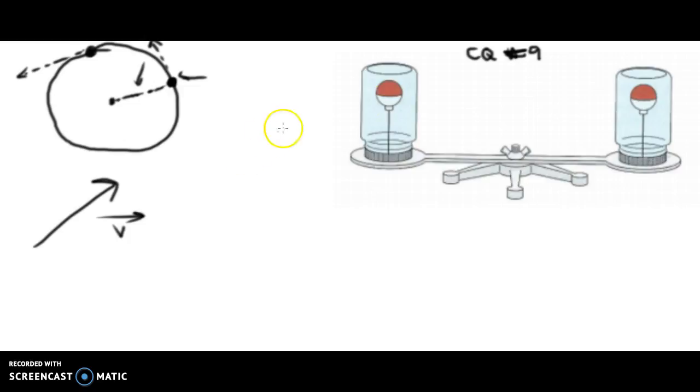Now, moving on to the conceptual question number 9 in the textbook, which is the question that we will be addressing in this video. Well, it tells us that there's this apparatus that's set up.